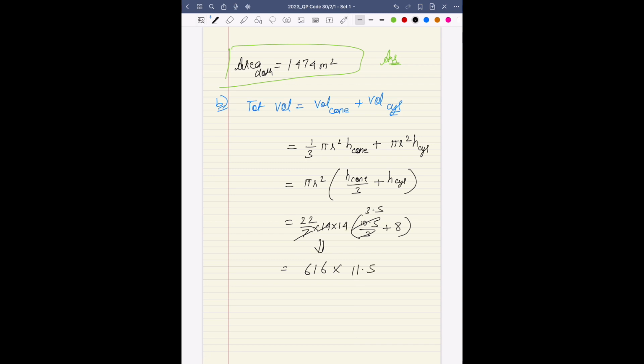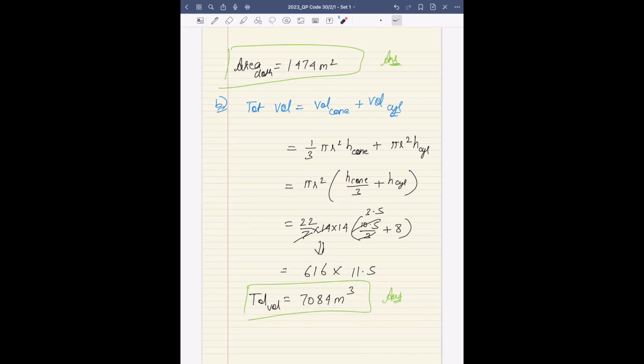Now I'm going to use a calculator. You guys can multiply. 616 into 11.5 gives you 7084 meter cube. Remember the units of measurement. This is your total volume. Easy 5 marks. Easy because it's not complicated, just a little lengthy. Even so, if you do smart work, take common, it will become much easier.